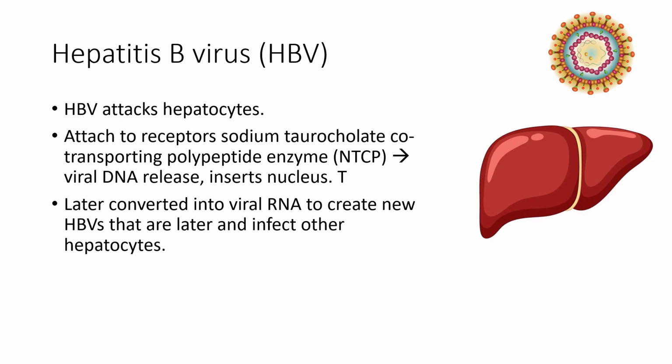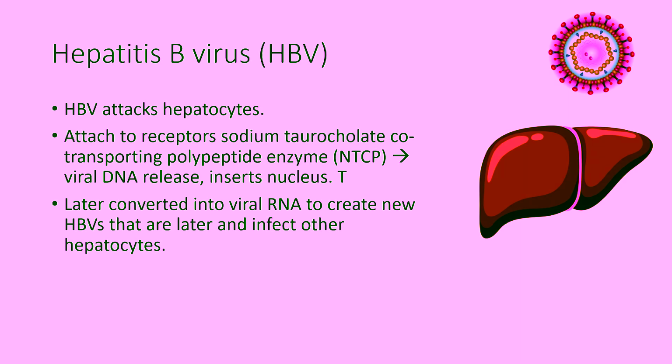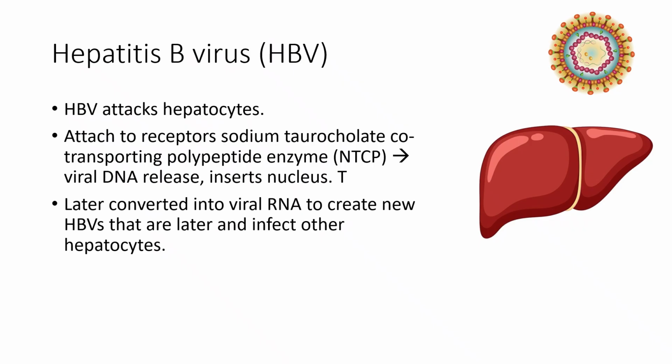HBV attaches to the sodium taurocholate co-transporting polypeptide receptor, which triggers the viral DNA release. Later, this DNA is converted into viral RNA to create new hepatitis B viruses. And once they replicate, these Hep B viruses infect other hepatocytes.